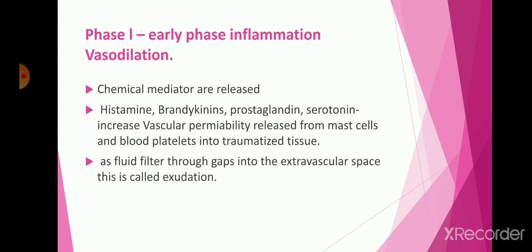In the first phase, that is early phase inflammation, there is vasodilation. Chemical mediators are released whenever an injury occurs at the skin or any part of the body. The chemical mediators released are histamine, bradykinin, prostaglandin and serotonin. These chemical mediators increase vascular permeability to release the mast cells and blood platelets into the traumatized tissue.